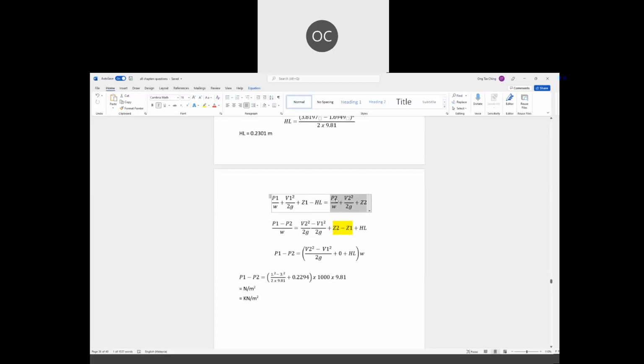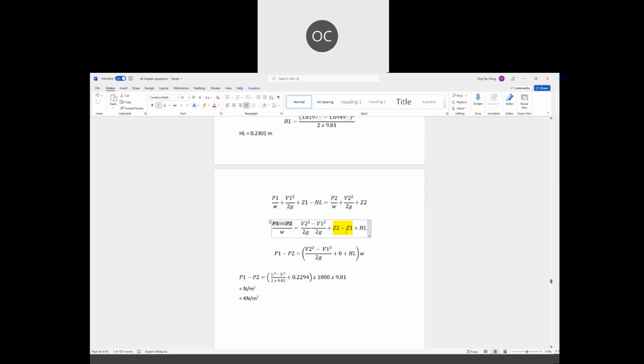So the equation here will be to obtain P1 minus P2. You are going to rearrange this pressure energy to the left-hand side, then gather the rest of the terms on the right-hand side. Once you rearrange, it will be in such form.